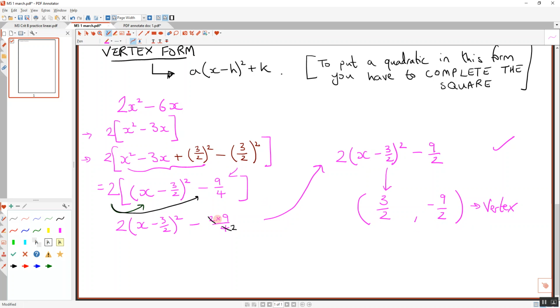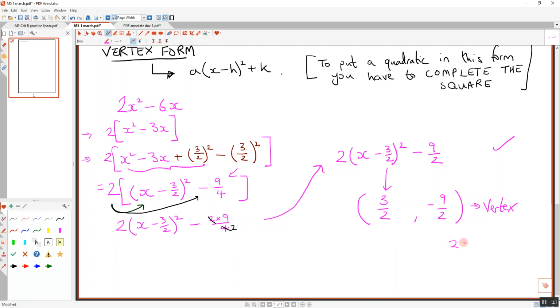It's 18 over 4, and then that's just going to simplify to 9 over 2, because 3 squared is 9, and 2 squared gives us the 4. Remember, when multiplying fractions, you multiply the top only.